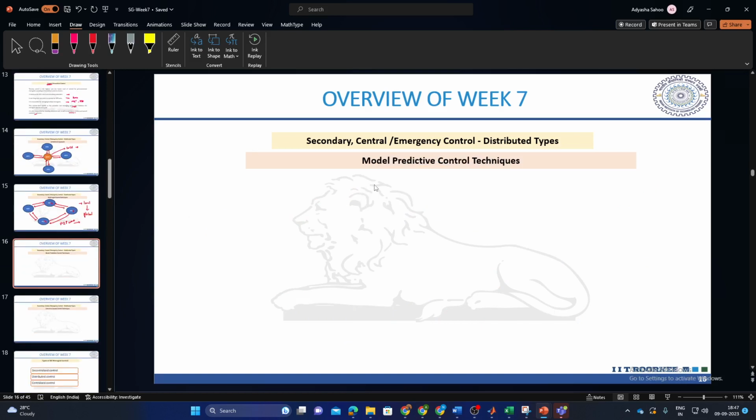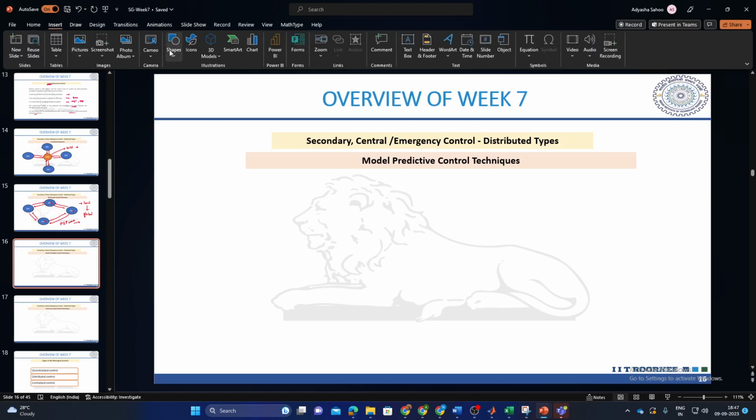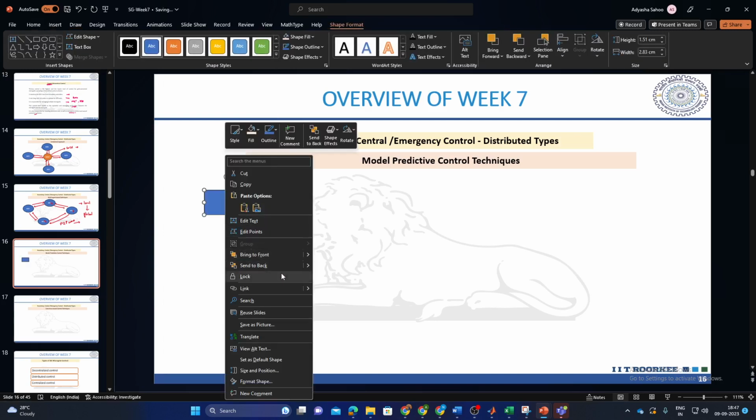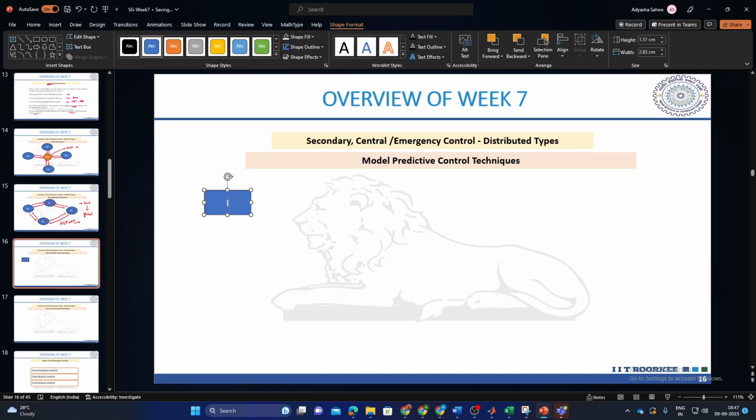Then moving on, we had also model predictive control techniques. In model predictive control, let's say we have an initial state here, and we want to reach some final state in the future, which is our goal. So what control actions do I need to take?